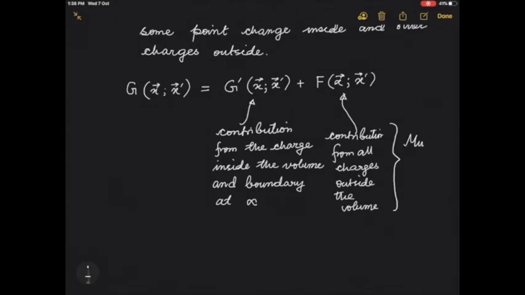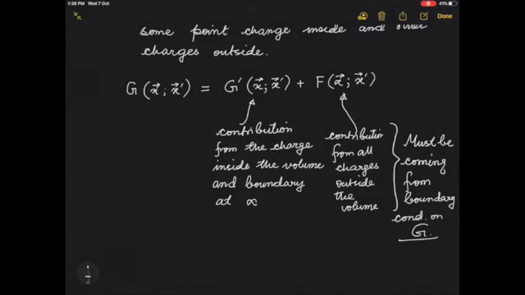So this information must be in the boundary condition on G. Remember, I said boundary condition on G, not G prime. G prime boundary condition is that the boundary is at infinity.